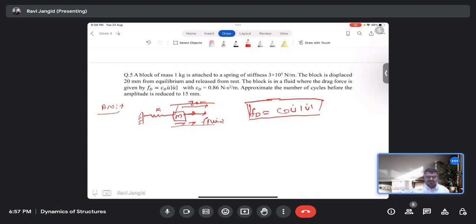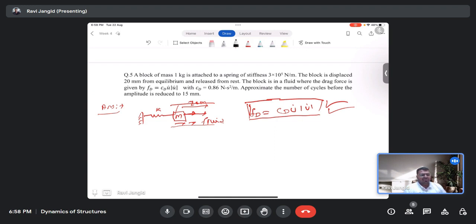So first we need to find out the energy dissipation by this force Fd. So can you find out? We have a spring mass system in a fluid, we give an initial displacement of 20 and then release.